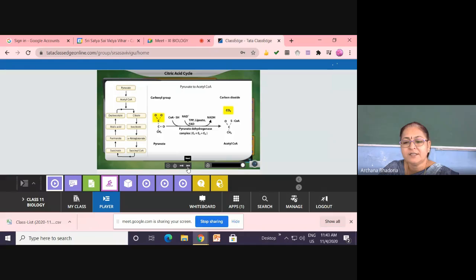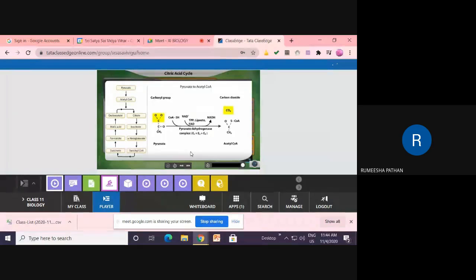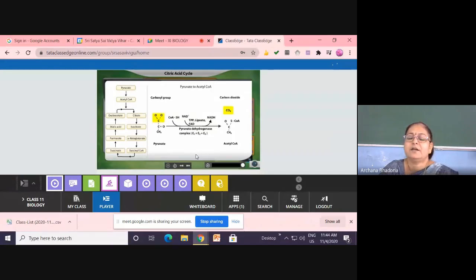As you complete, let me know. Which process is going on? This is the reaction for, children, what is it? Oxidative decarboxylation. Correct. Oxidative decarboxylation.